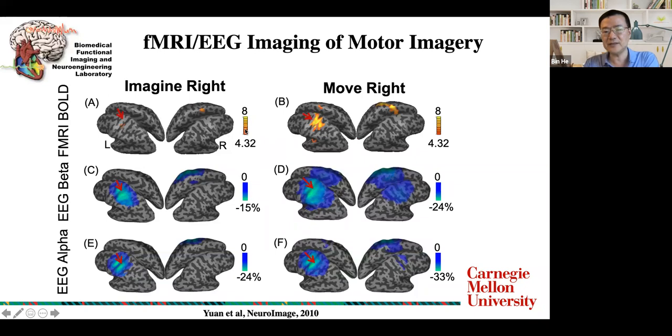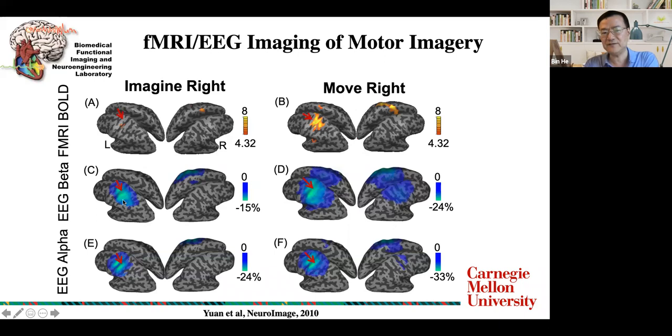What about EEG? We perform EEG source imaging from the beta band. In this case, you can see similarly in the contralateral motor cortex, it's fairly more broad compared with fMRI due to the well-known volume conduction challenge. And the same thing, if we're imagining moving the right hand, we get a similar contralateral EEG source signal.